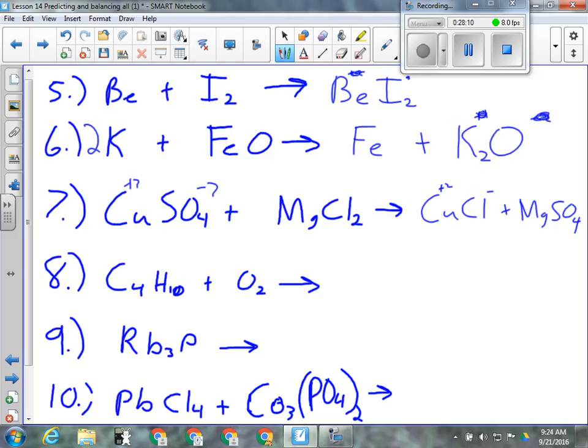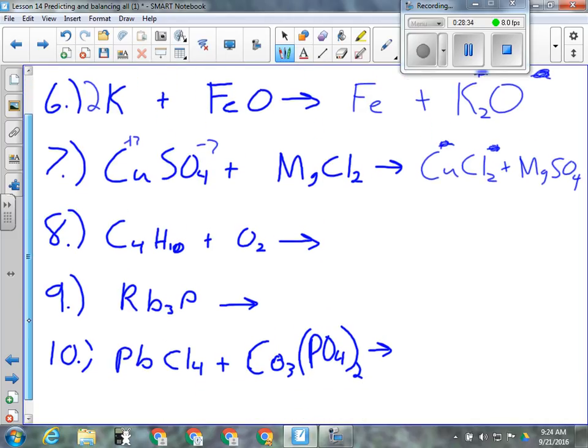This is a +2, this is a -1, so I've got CuCl2. Everybody follow me there? Looks like everything is balanced, so I don't have to add any other numbers. Questions on number 7? How many people have done number 8? I'll give you a couple more minutes and I'll go through 8, 9, and 10.